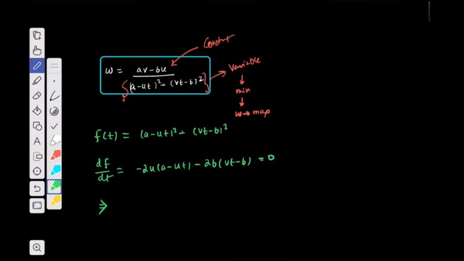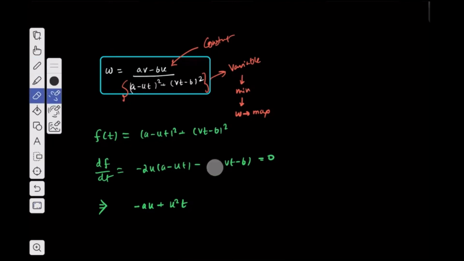It will be 2, I can take it out common. We have minus of au plus u square t, plus of, just a moment, this v here, my mistake, this v here.